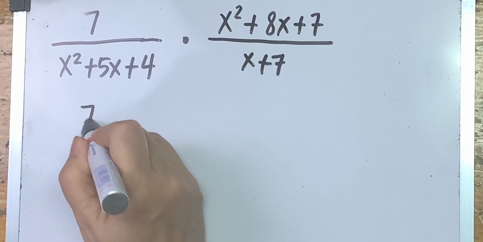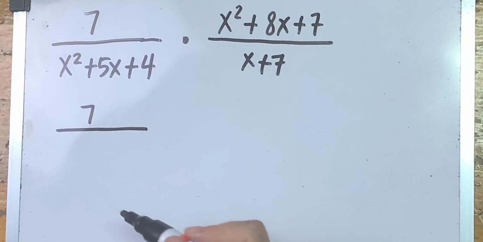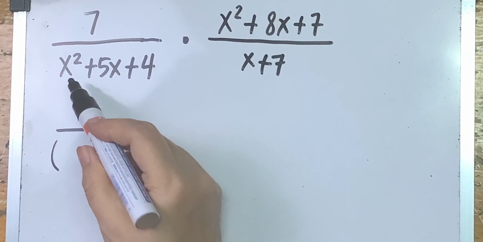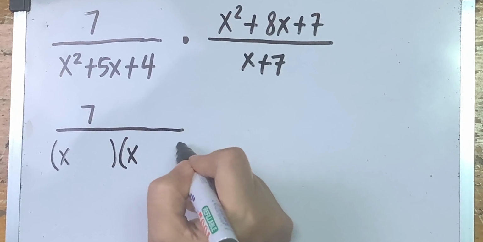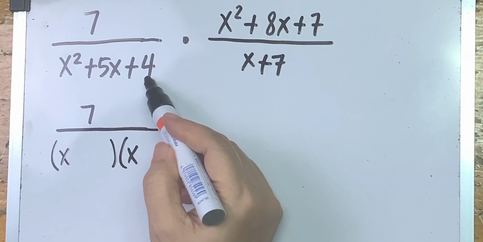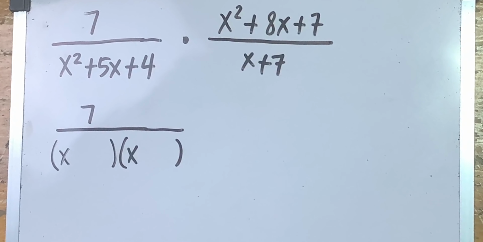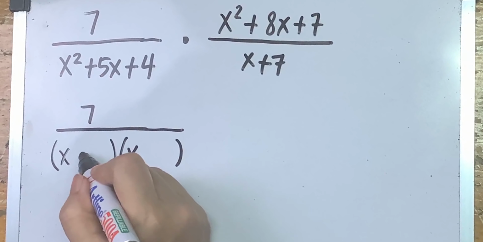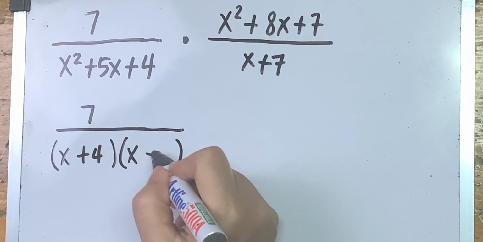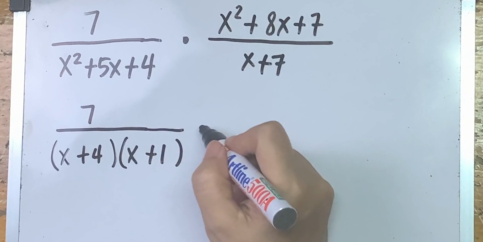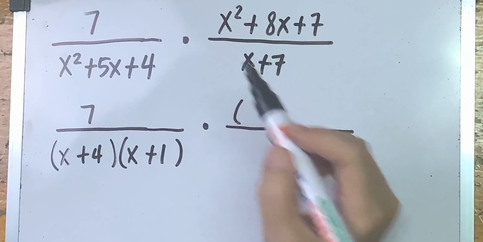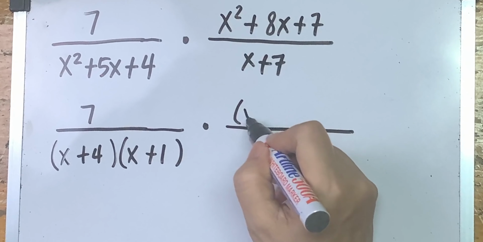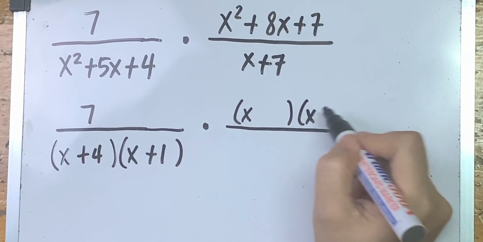So, i-factor natin yung denominator nito. Factors ng x squared ay x and x. Factors ng 4 na magbibigay sa atin ng positive 5x is simply plus 4 and plus 1. Times, okay, factor natin yung numerator dito. Factor ng x squared is x and x.